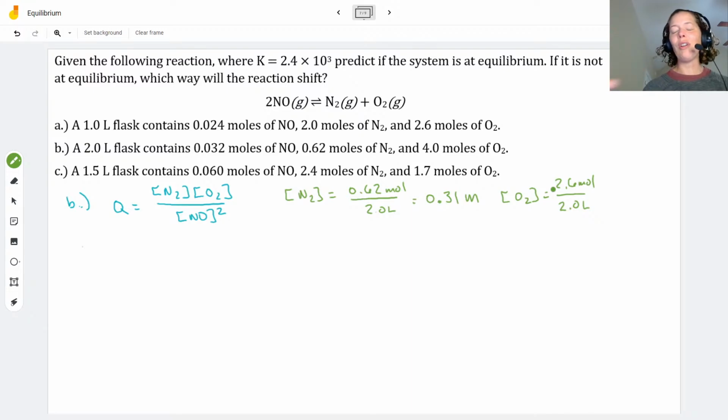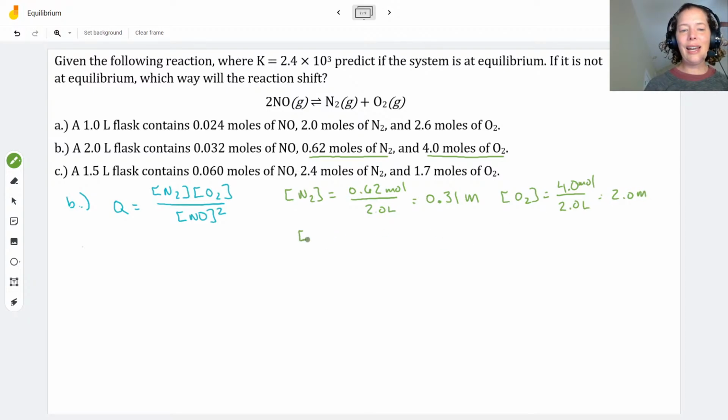This is why they're all in 2 liters. So oh no, not 2.6. Sorry, that's 4. I read the wrong number. My bad. This should be 4.0. I should underline these as I do them because that's going to help me keep track. I was using the 2.6 up there. All right, so this is a 2 molar solution.